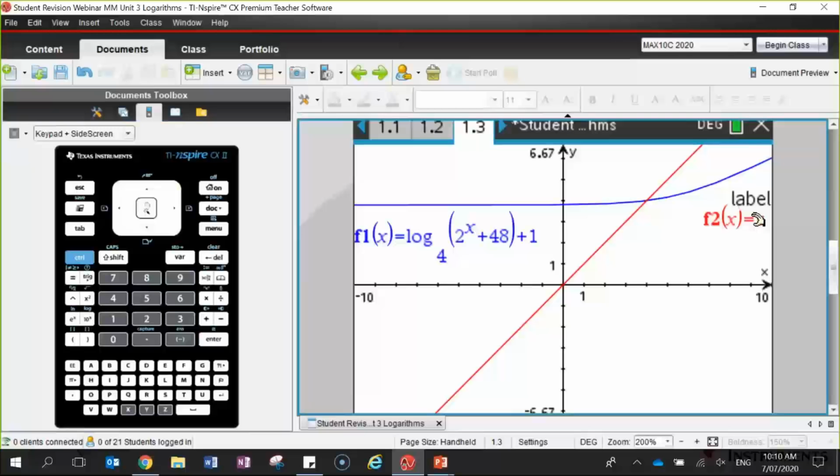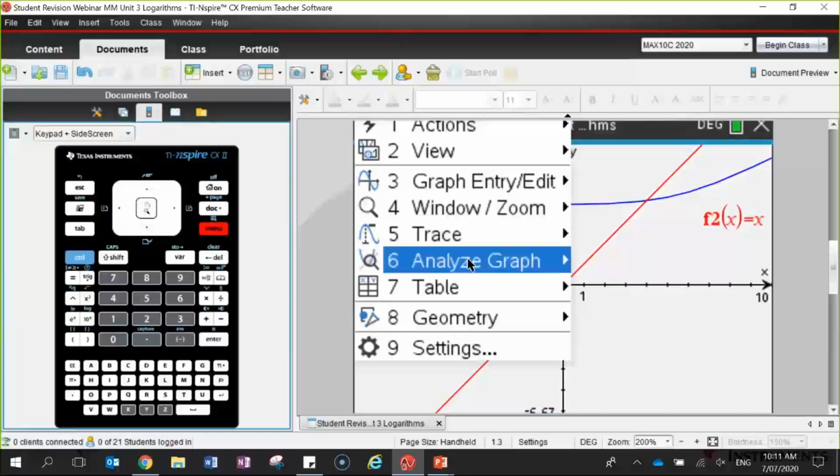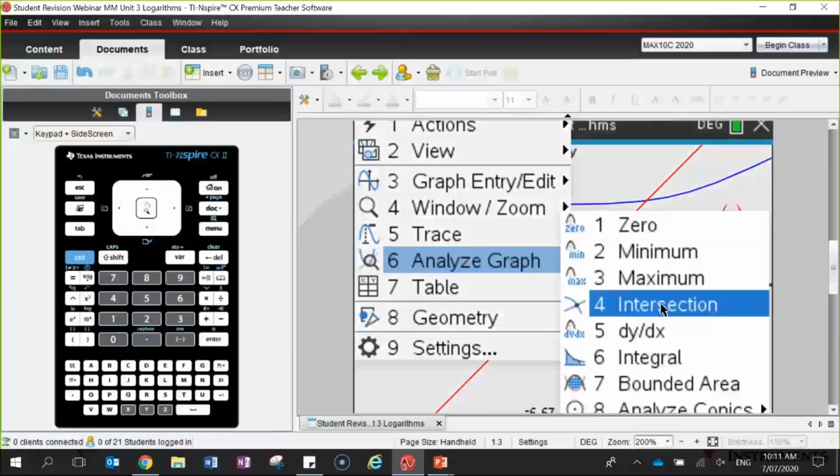Now, what I'm using here is our knowledge of simultaneous equations, which you learnt back in Unit 1, and it is actually assumed knowledge. So you should realise that with simultaneous equations, where they intersect is our solution. So I go into menu, analyze graph, intersection.